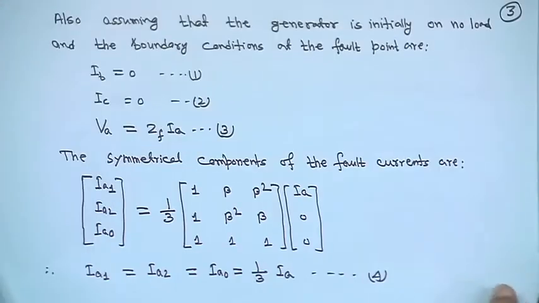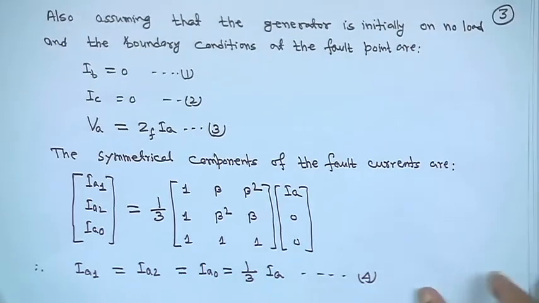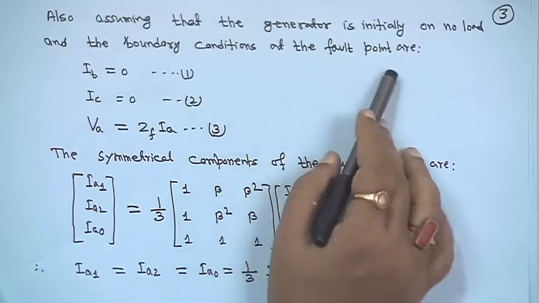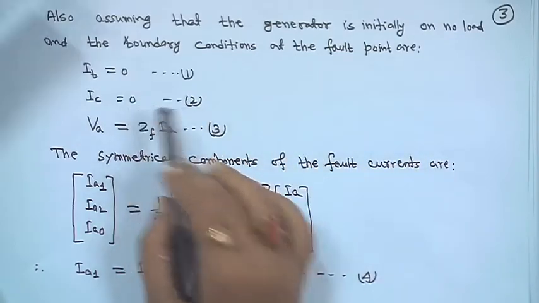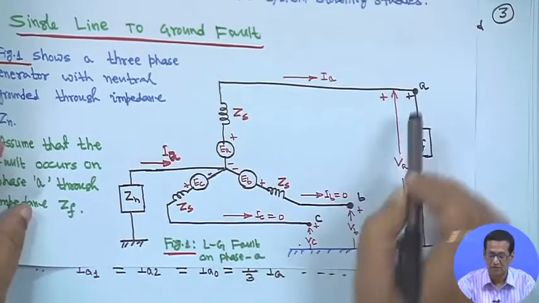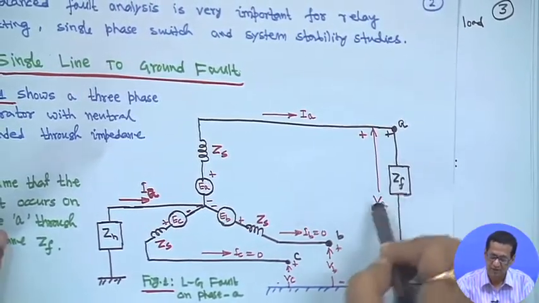In this case we make the assumption that the generator is initially on no load, and the boundary conditions at the fault point are that IB is equal to 0 and IC is also equal to 0, because the fault has occurred in phase A, and VA is equal to Zdf IA. This IA is the fault current going to the fault. So, VA is equal to Zdf into IA.